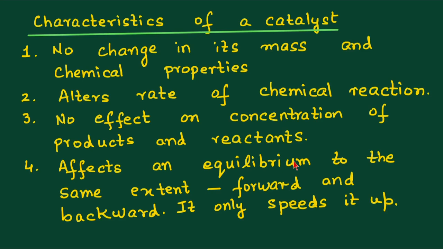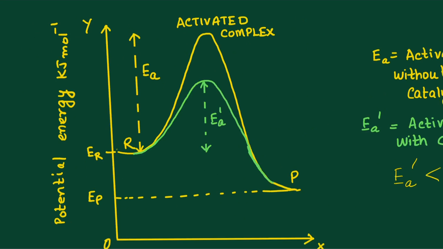Here we are talking about an equilibrium reaction. So equilibrium means we are talking about a reaction which is proceeding both ways, right? It can go from reactants to products or products to reactants, right? So equilibrium means where both the reactions are taking place at the same rate. But you notice they have to climb the same peak.